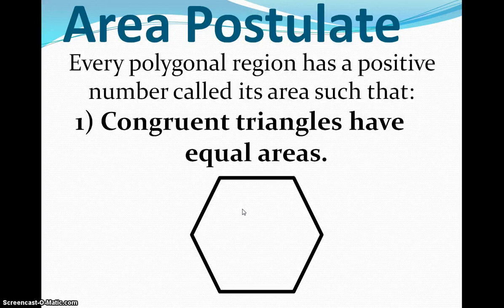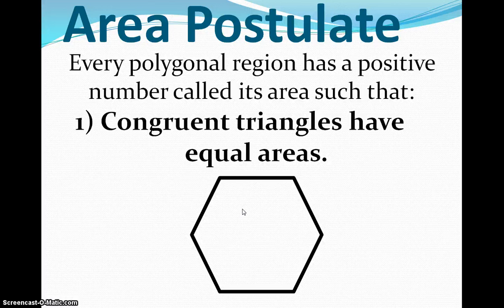First one, the area postulate. From our learning target, this is going to be important: every polygonal region has a positive number called its area. So every single region that we talk about, the polygon and its interior, has a positive number for the space it takes up, called area, such that the first part of the area postulate is that congruent triangles have equal area.